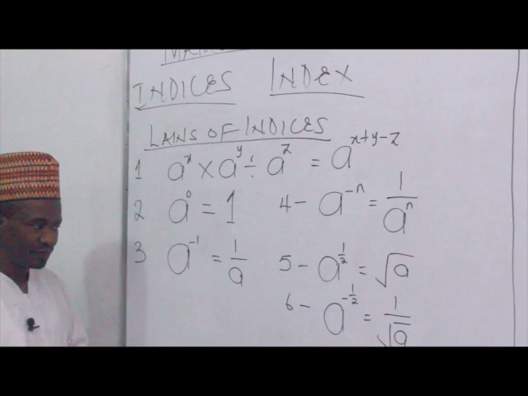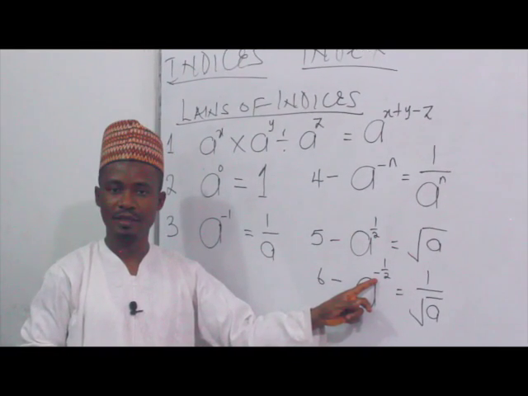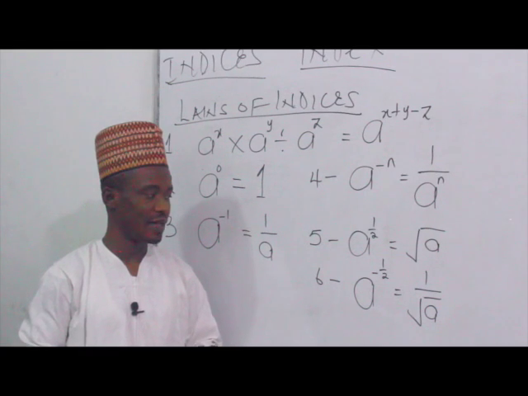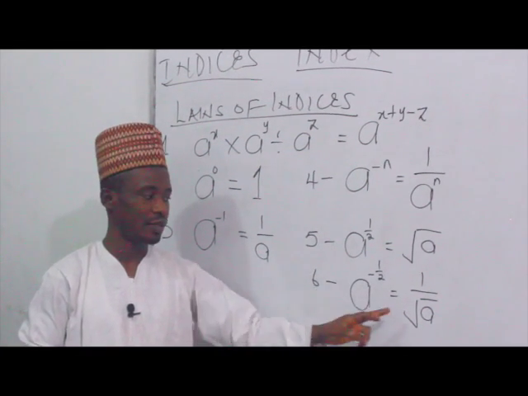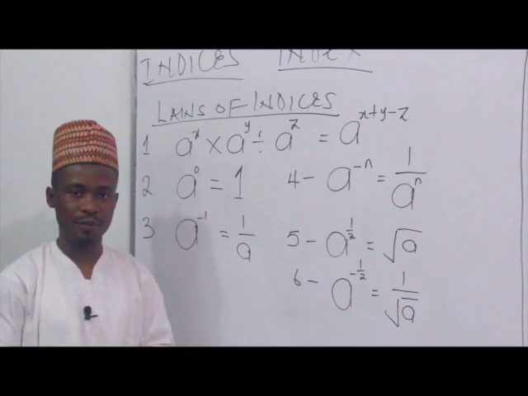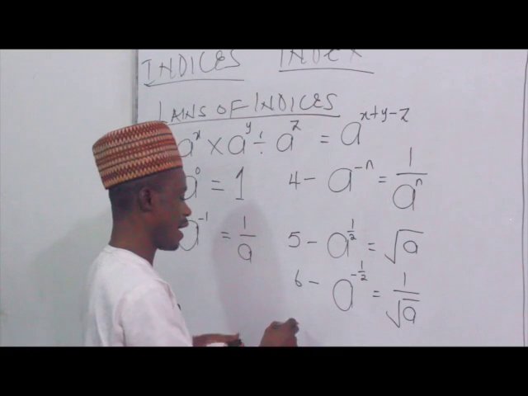Then, by taking the reciprocal, we've eliminated the negative sign. Once the index or the power of the exponent is a half, it is much similar to the square root of that particular base.